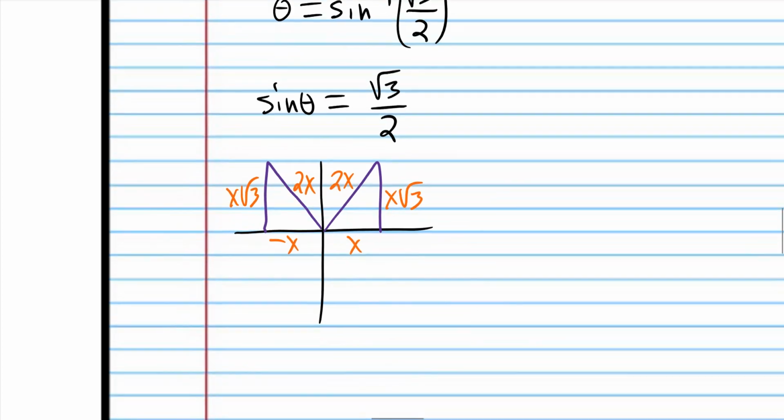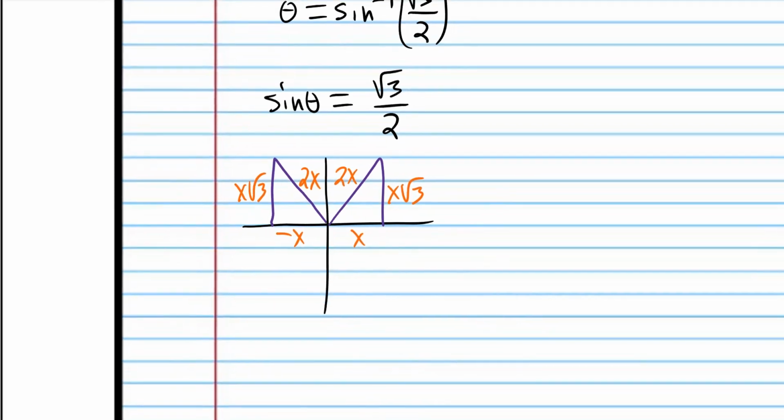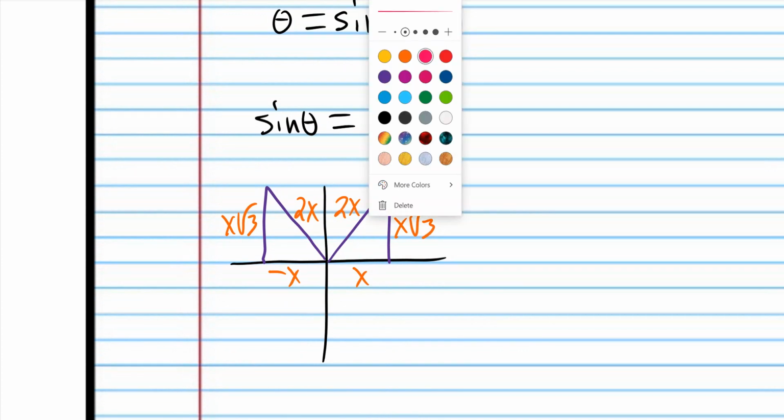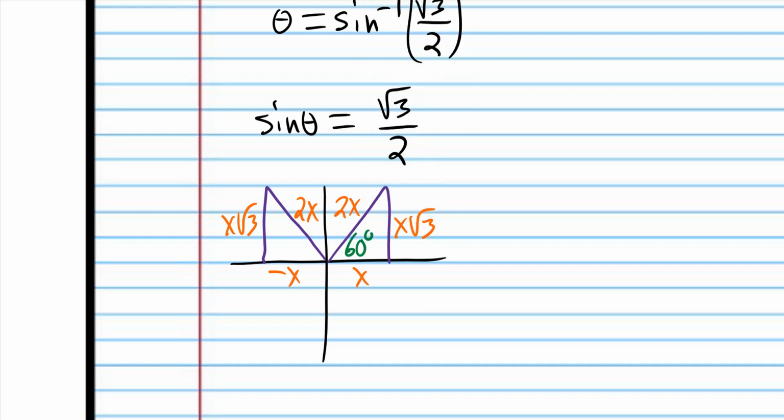This is just so you know what's going on. So the reference angle is going to be 60 degrees, obviously, because the 60 degrees is always opposite the x√3 side length. And so the first angle measure is 60 degrees, and the second angle measure is 120 degrees.